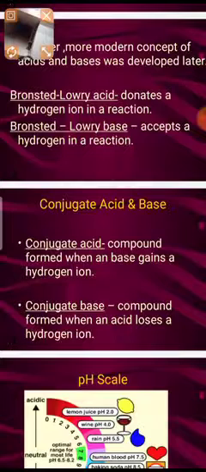Conjugate acids are the compounds formed when a base gains a hydrogen ion, and a conjugate base is a compound formed when an acid loses a hydrogen ion.